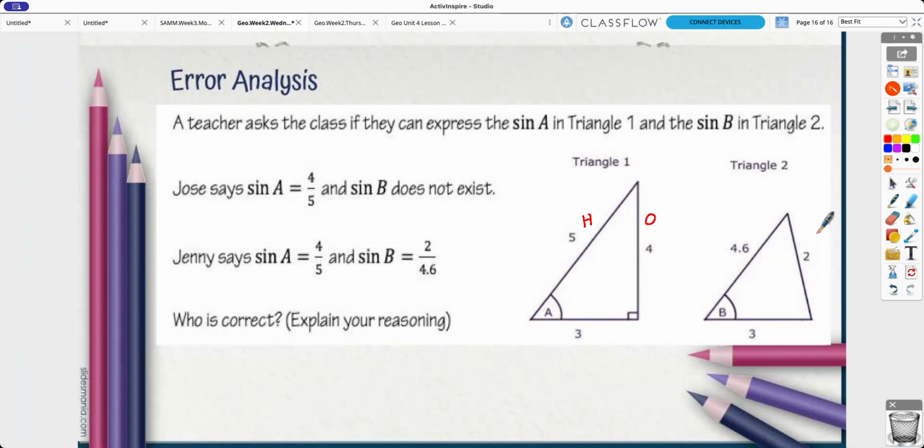Remember, the trigonometric ratios that we have used are only applicable to right triangles. So we say here Jose is correct. Sine B does not exist because triangle 2 is not a right triangle.